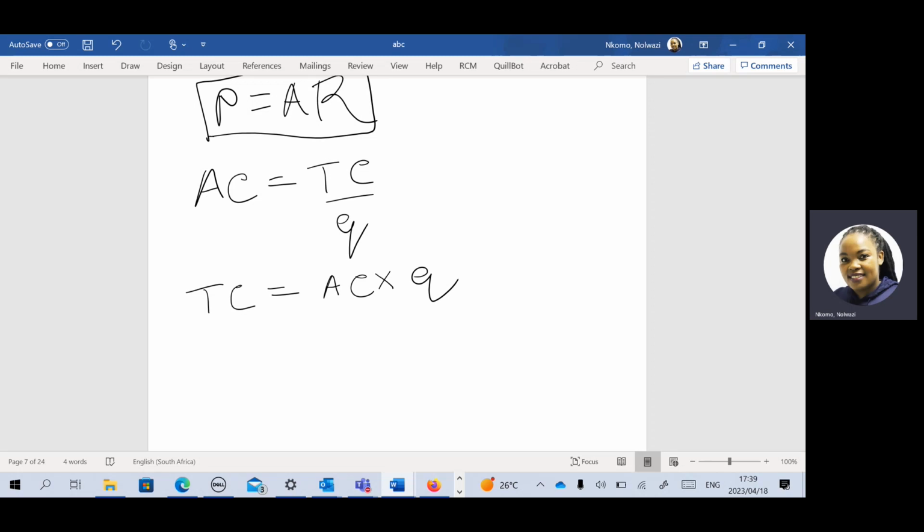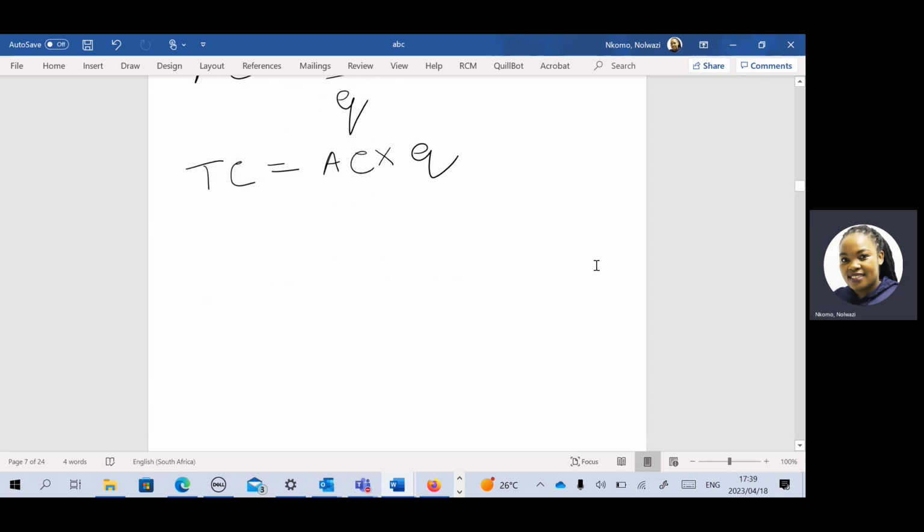Okay, now let's do an example here, so that I make sure you don't confuse all of them. Don't confuse the marginal revenue, the average revenue, the marginal cost, and the average cost. Suppose this, this is example 4. Suppose we are given the fixed cost.